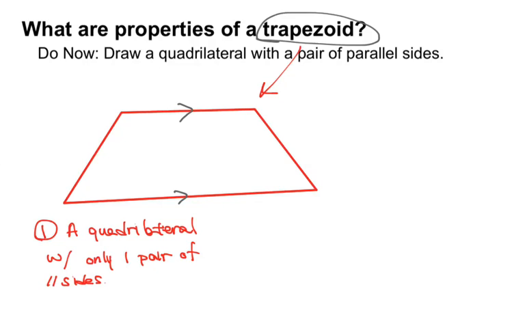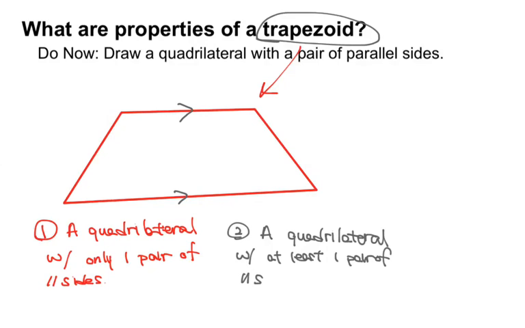But at the same time, I just want to recognize that there's a second definition also, which would have been a quadrilateral with everything the same up to this point, at least one pair of parallel sides.